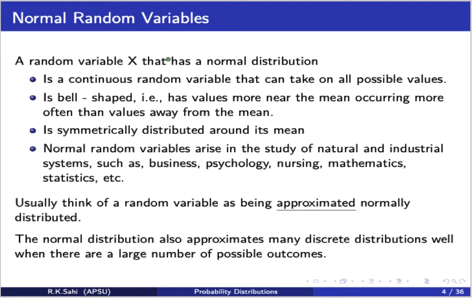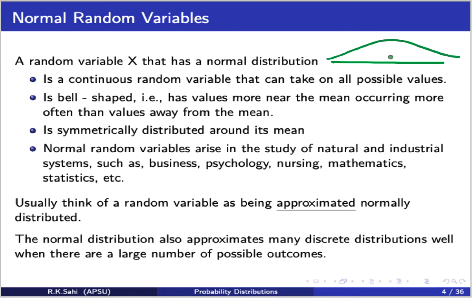Now these are some of the characteristics. It's a continuous random variable that can take on all possible values. It's a bell-shaped curve. So that's when we say x is a normal distribution or x is a normal random variable. Remember these nice little curves we have been looking at?